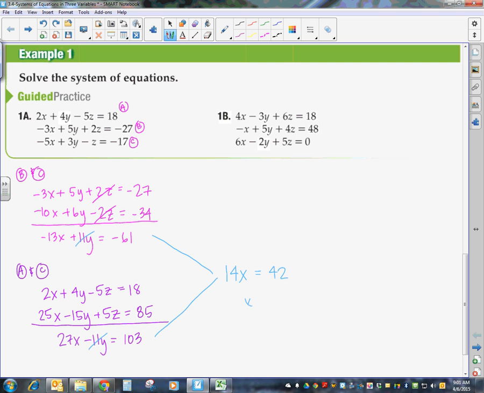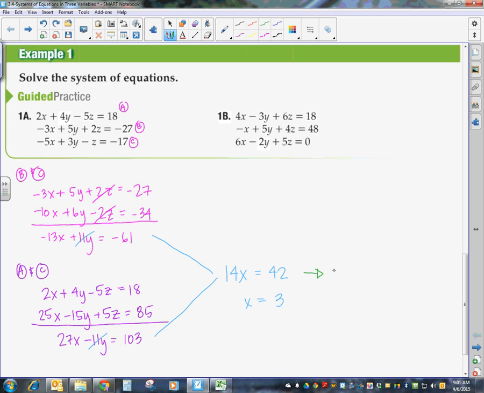So then you know that x equals 3. Once I have that, go into either equation, you want to go into the one that has two variables. Pick either one. I'm going to pick the one that has a positive y value because people tend to make mistakes with that.